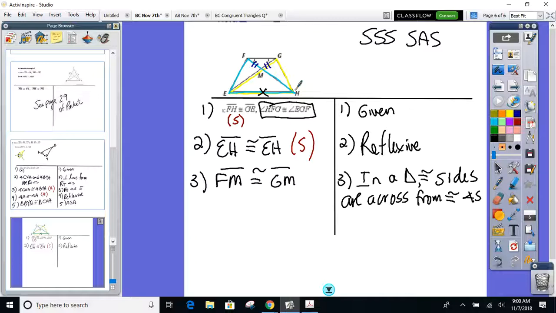I'll just open it up to you guys. I don't need to call on anybody randomly here. Discuss it with your group if you want. I'll give you a minute. Go ahead, drop some ideas off each other. Remember, it's either the sides or the angles. And I told you you're on the right path by getting FM and GM congruent.